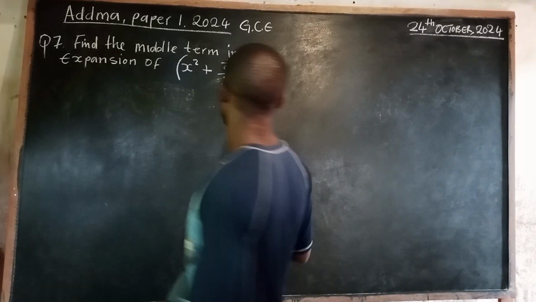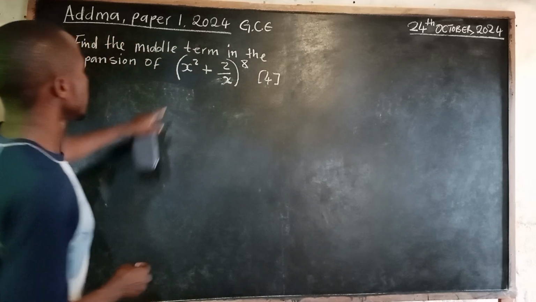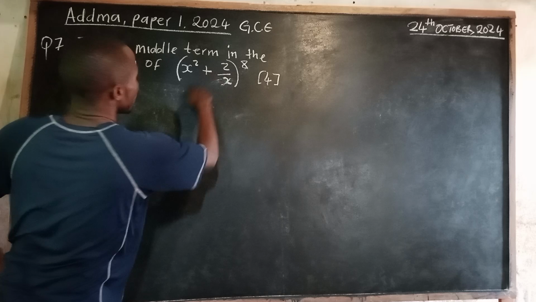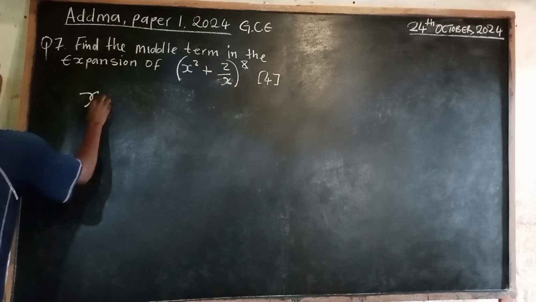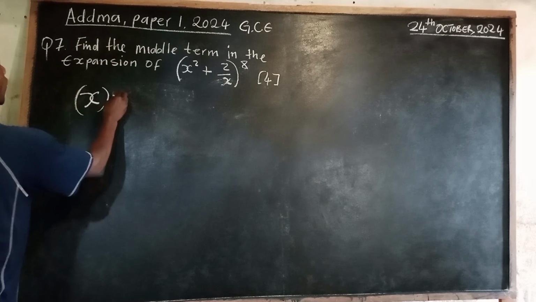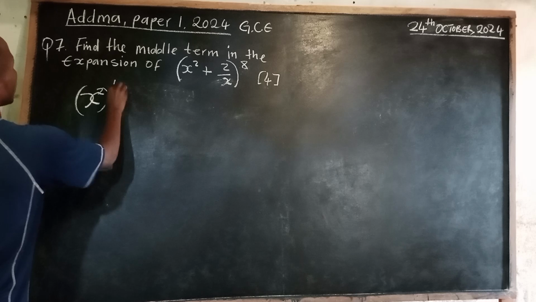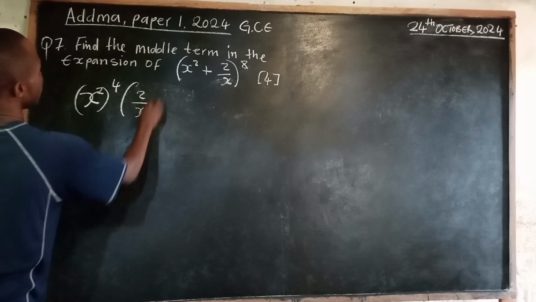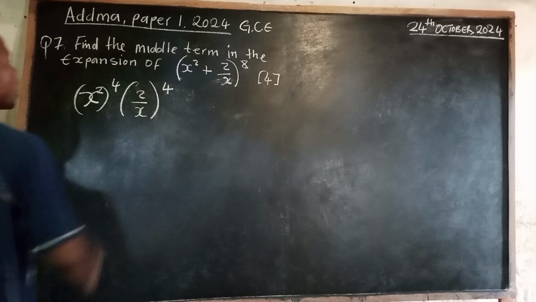So how do we do it? Since the middle term is the 4th power, it is x squared to the power 4, then 2 over x to the power 4.